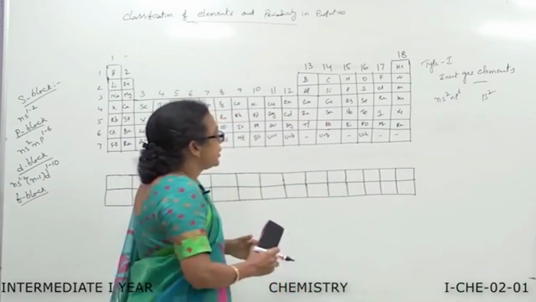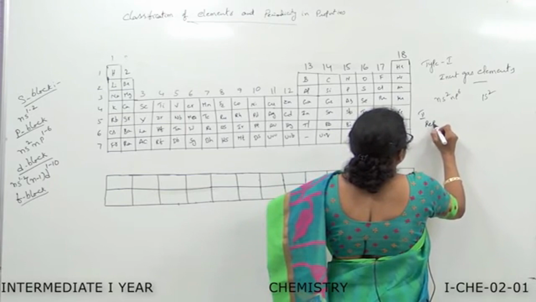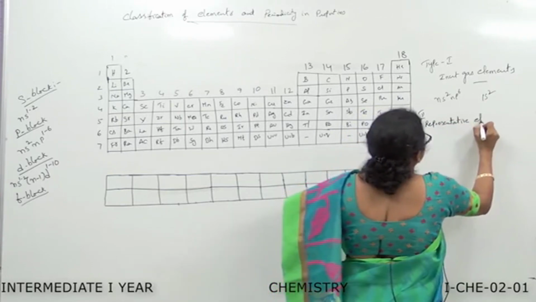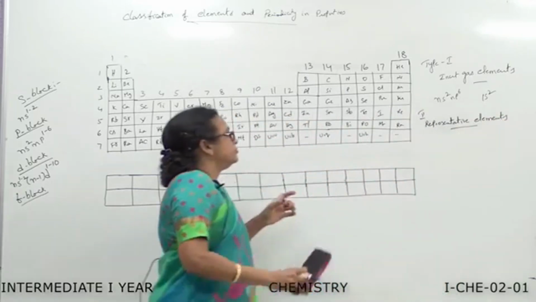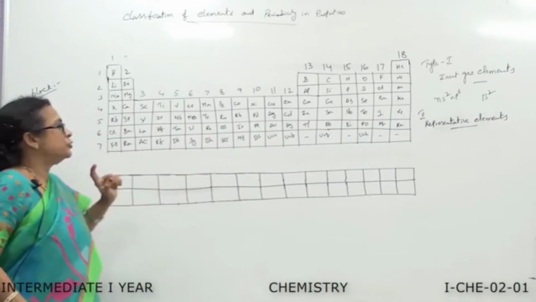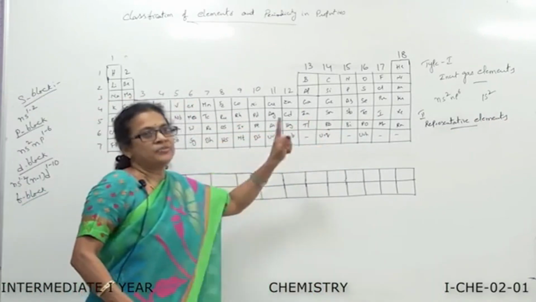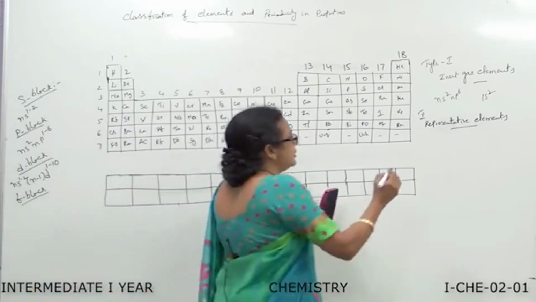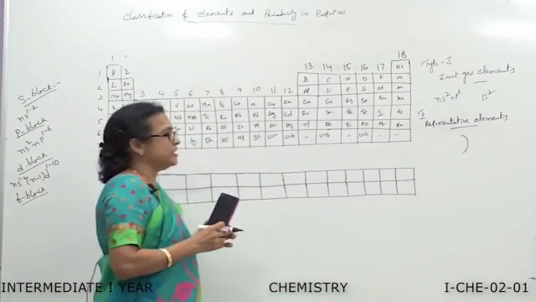And then second type is representative elements. Except group 18, all the s and p block elements come under this type. In this, the outermost shell is incomplete.